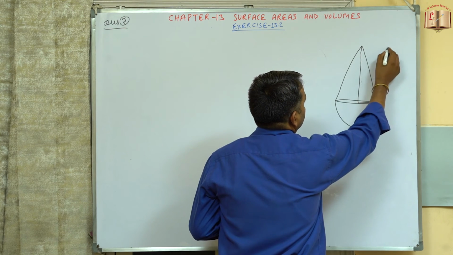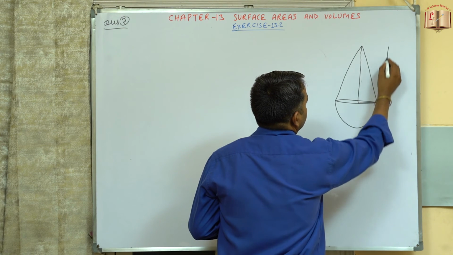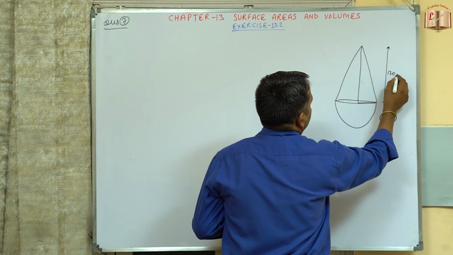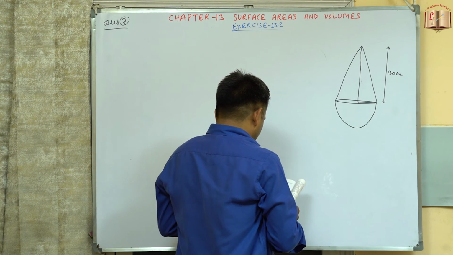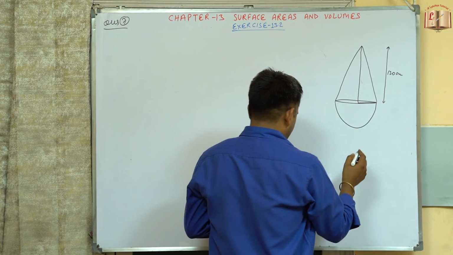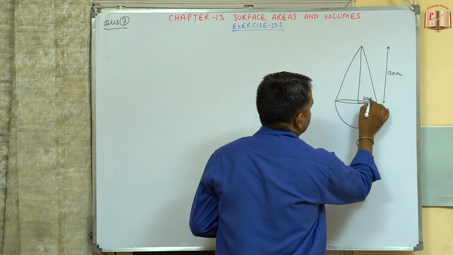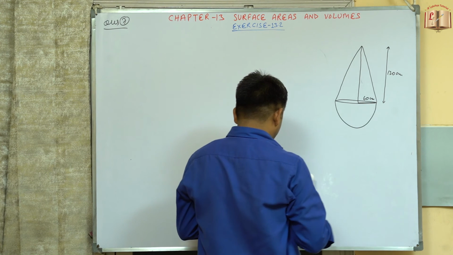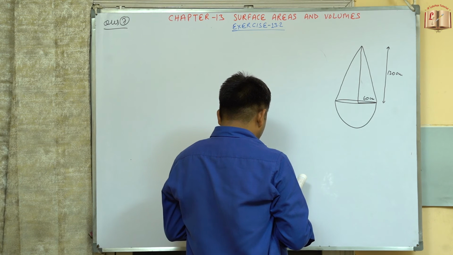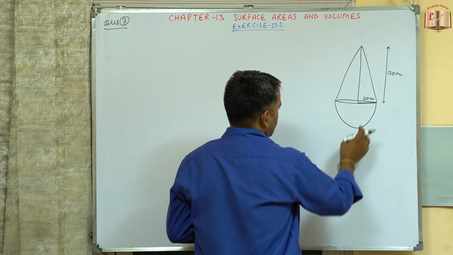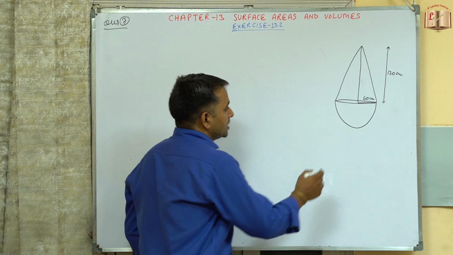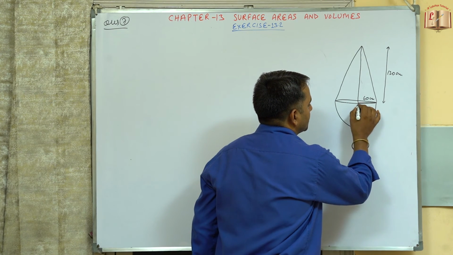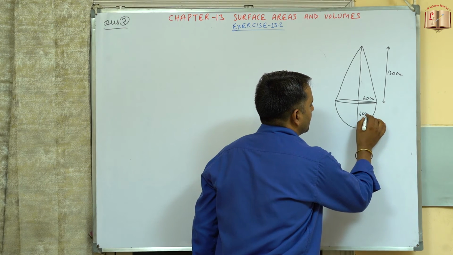So make this height separate. This height is given as 120 centimeters for this. And this radius is 60 centimeter given to us. It is standing on a hemisphere of radius 60 centimeter. So radius is same for both. So this is also 60 centimeter.